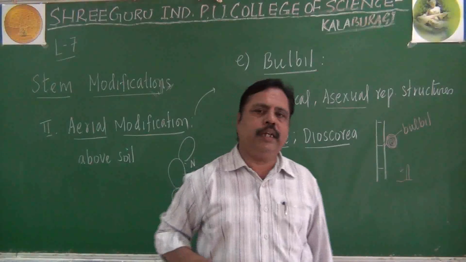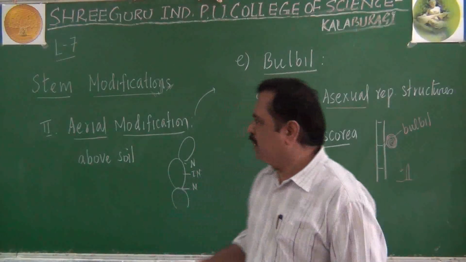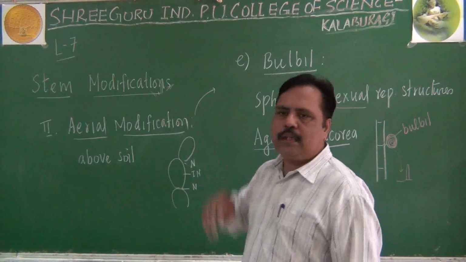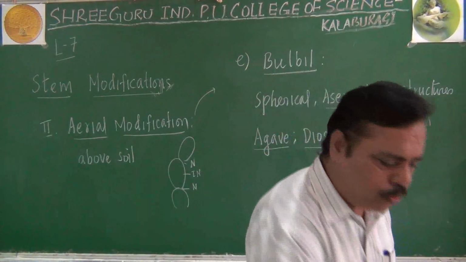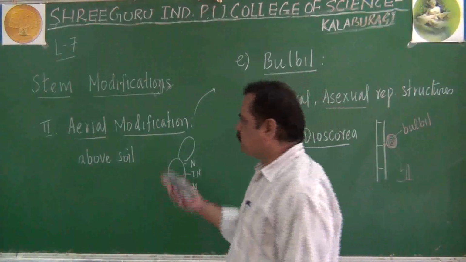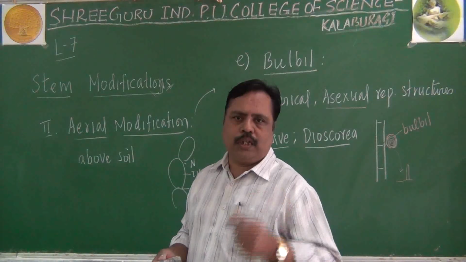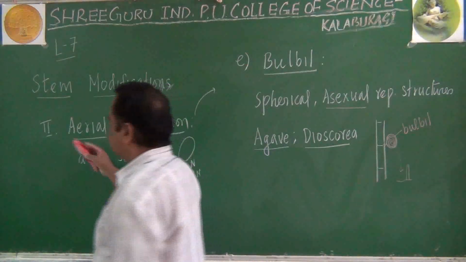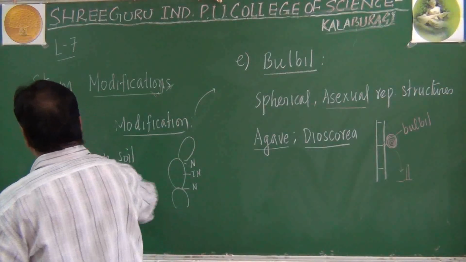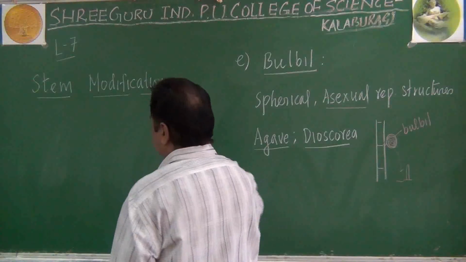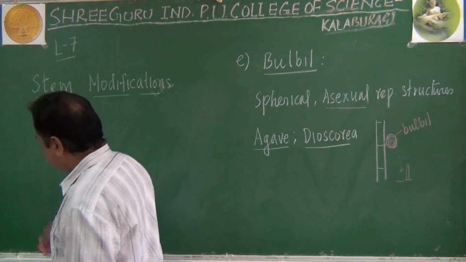This is aerial modification. Okay, let us go for the third type of modification here. In stem, I told you about two modifications, underground and aerial. Let me go to the subaerial modification of the stem.